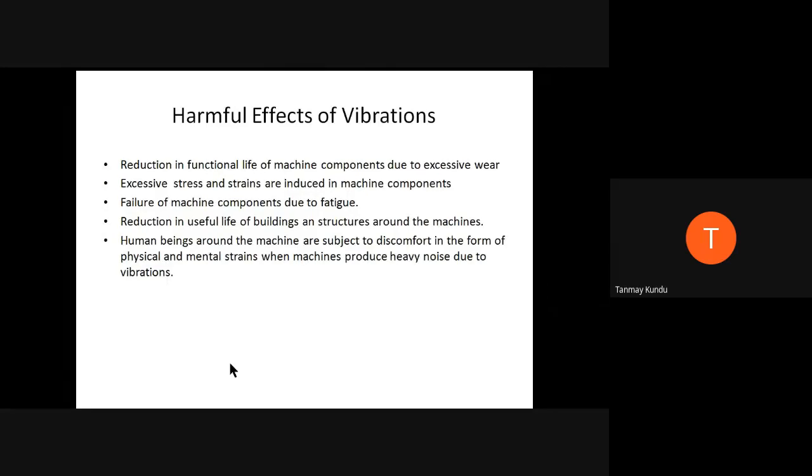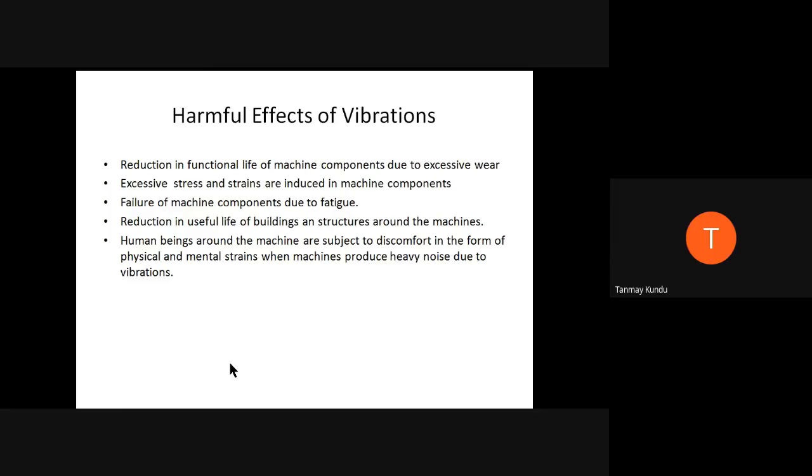Next, failure of machine components due to fatigue. Everyone, especially those in third year, knows the term fatigue. Fatigue means the machine is subjected to repeated load, not a constant load, but a repeated load. So the material will fail before the yield point.